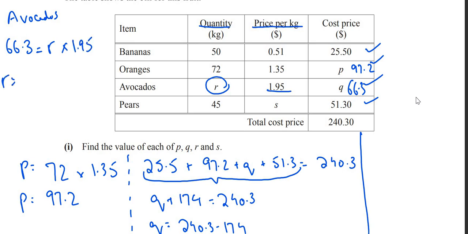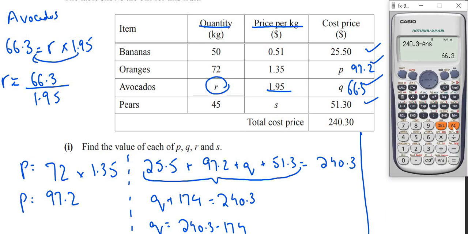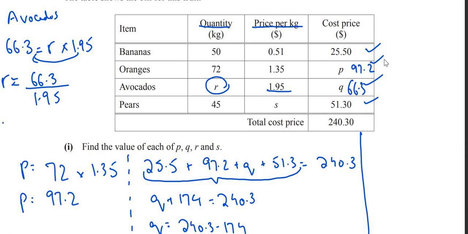So R is equal to 66.3 divided by 1.95. So 66.3 divided by 1.95, you guys will get 34 as your answer. So the value of R is 34.